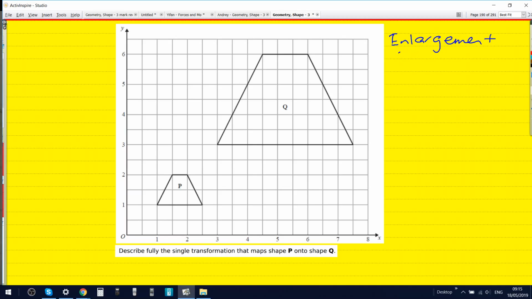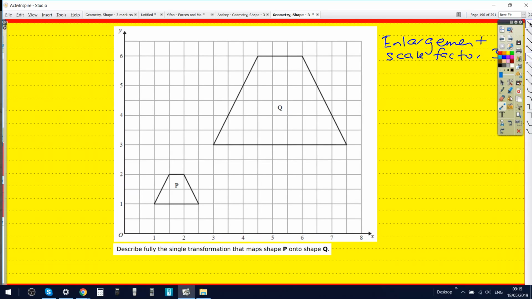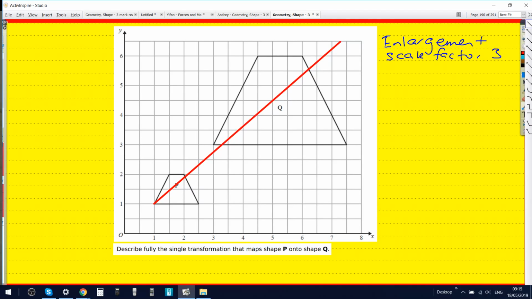Do I need to take one coordinate from P and then try and match with Q? So this is the time where this thing will work. I was hoping it would also work for the other one. They don't cross over. Let's see. Oh, I know what you have to do. You have to extend it all the way. So let's say the two bottom left corners. You just extend it all the way.